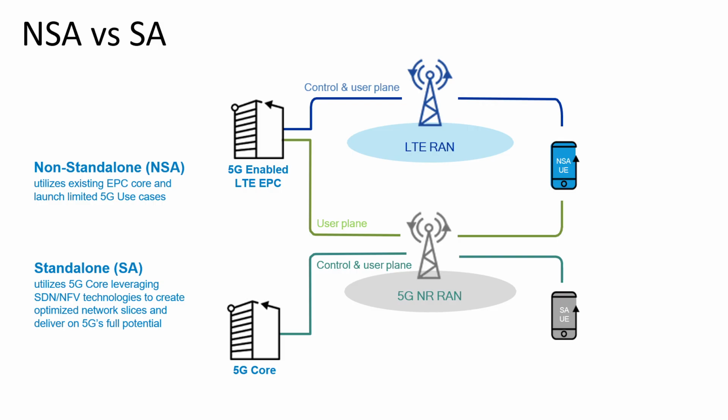The major shift in the 5G core is the core side of it. You have to make that core ready, then only you can launch the standalone architecture. Right? Let's understand more the differences between the NSA and SA architecture, maybe in the subsequent slide.